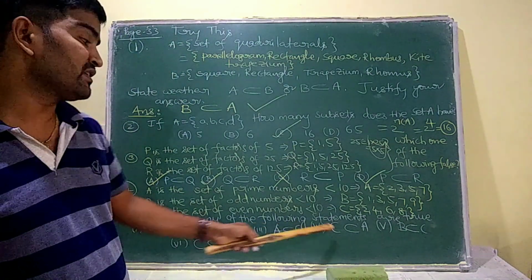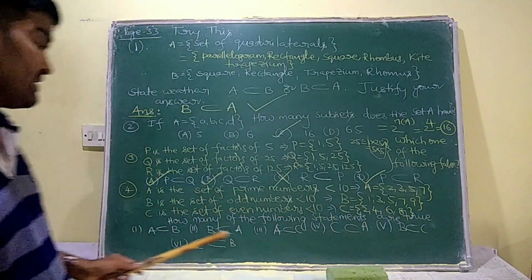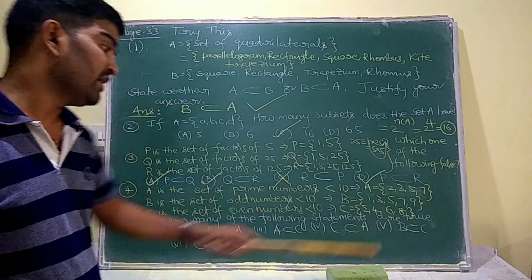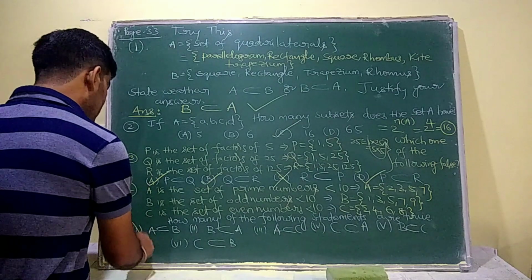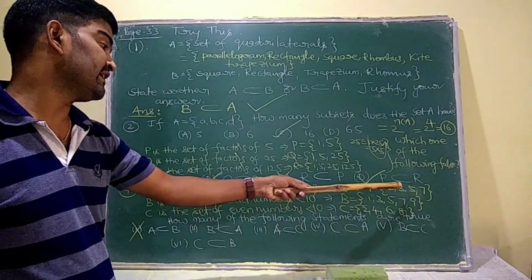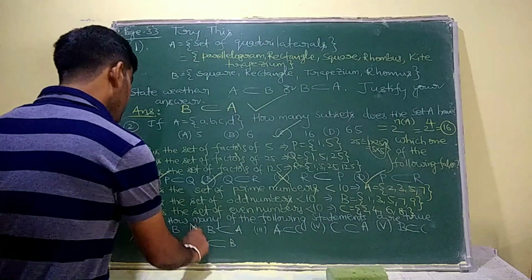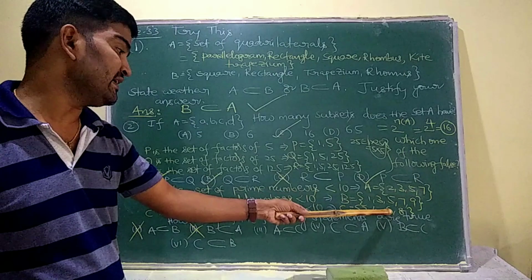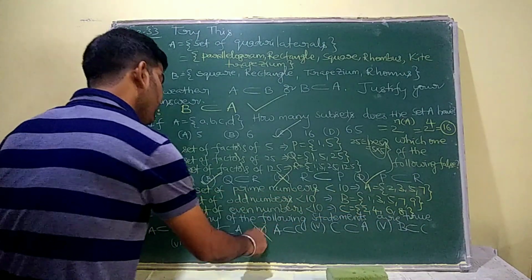How many of the following statements are true? He is asking. Are all the elements of A there in B? No, so it is false. Are all the elements of B there in A? No, it is also false. Are all the elements of A there in C? No, also false.